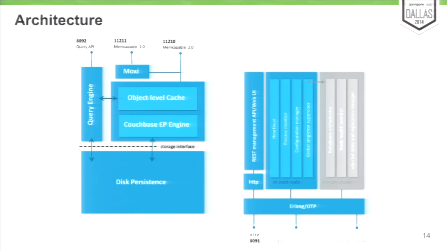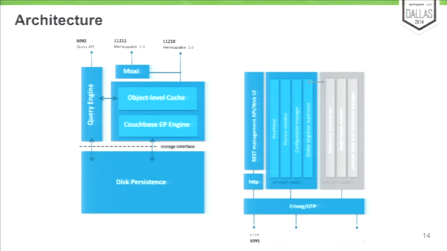EP Engine is our bucket engine where we handle different buckets, like different databases, managing those. And then there is our disk persistence, which is an append-only file system, and it makes it very resilient as well. So if your node crashes, we can very easily recover from an append-only file system. It's very hard to actually get the files corrupted.